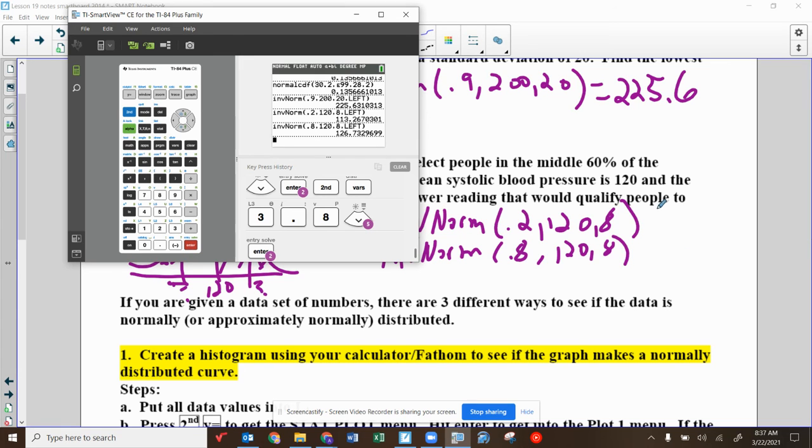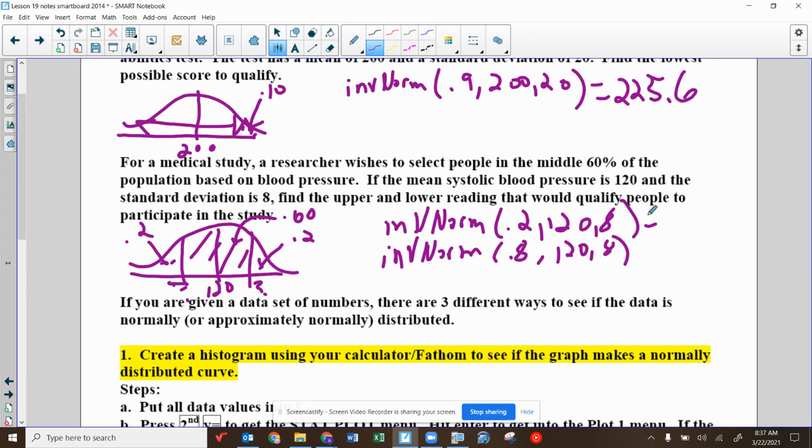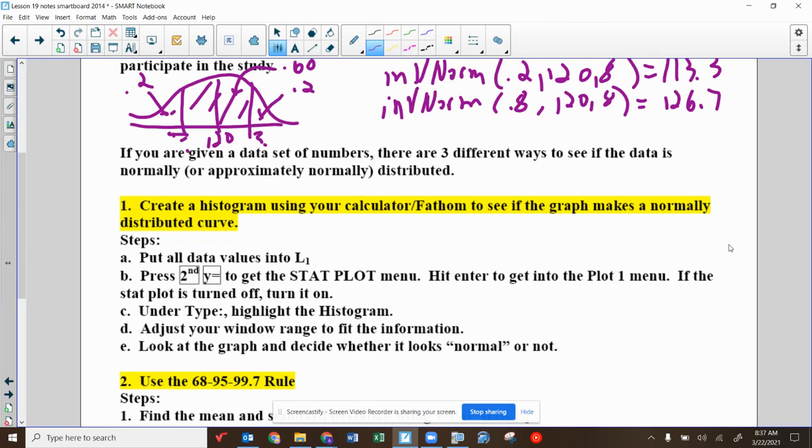So 113.3 and 126.7. So 120 should be halfway in between those two, just if you ever wanted to check your answer. Okay. And then this stuff we are not doing. All right, so that's lesson 19 in unit 5. Let me know if you have any questions.